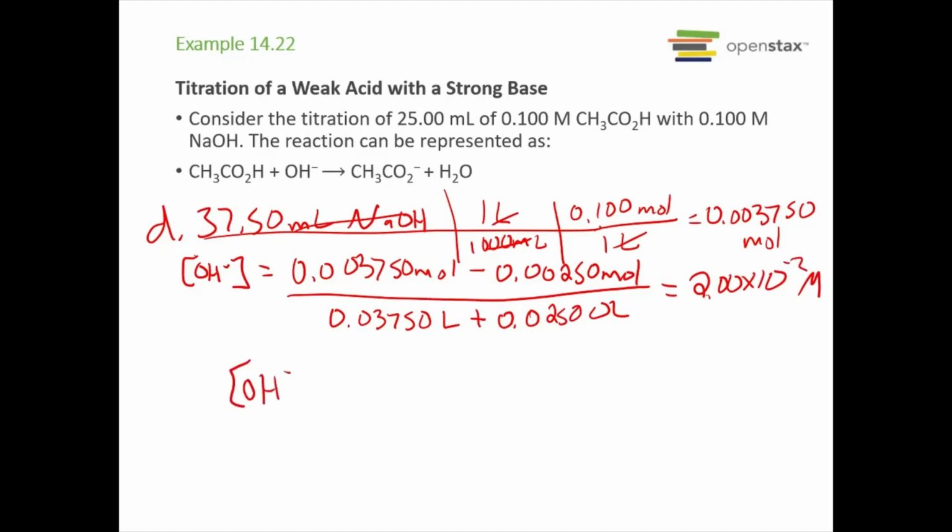So now, oh, sorry, not OH, we want pOH, which is going to equal the negative log of that. So let's punch that into our calculator.